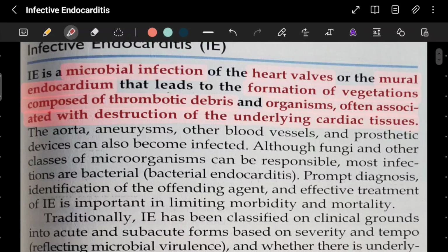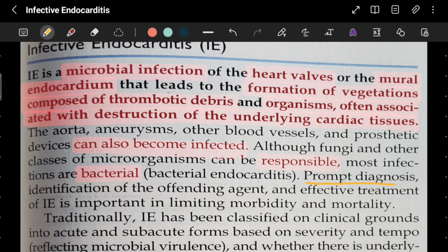The aorta, aneurysms, other blood vessels and prosthetic devices can also become infected. Although fungi and other classes of microorganisms can be responsible, most infections are bacterial. Bacterial endocarditis, thus the name suggests.